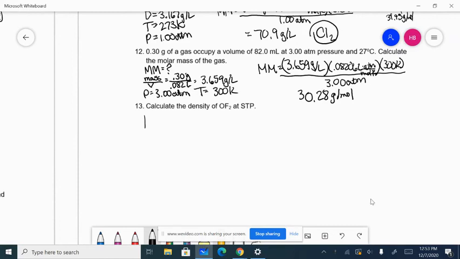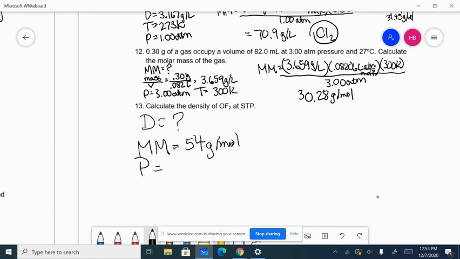Okay, let's do this one really quickly. Density is what we're solving for. The molar mass I can add up by adding 1 oxygen to 2 fluorines, and that is 38 plus 16, or 54.